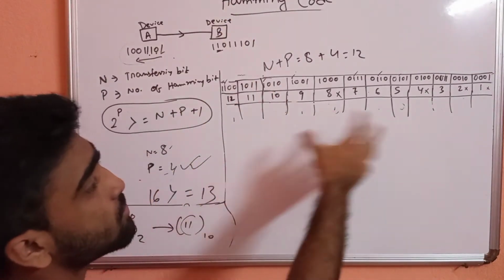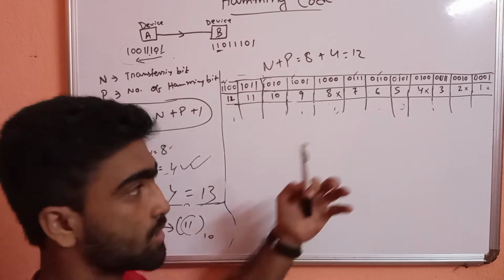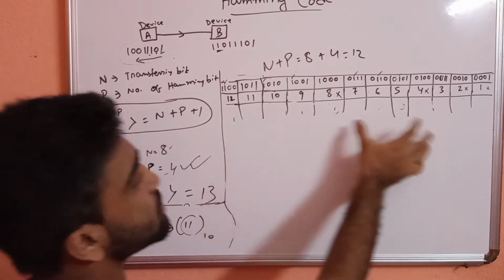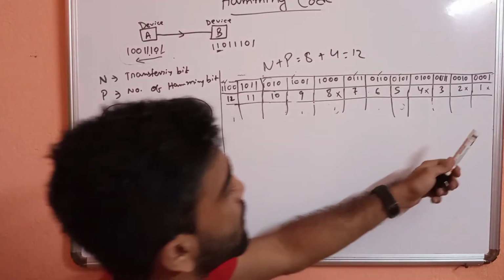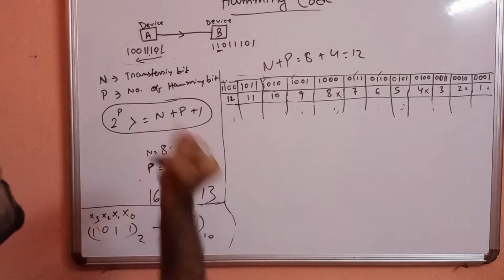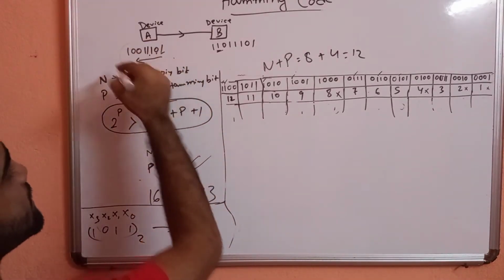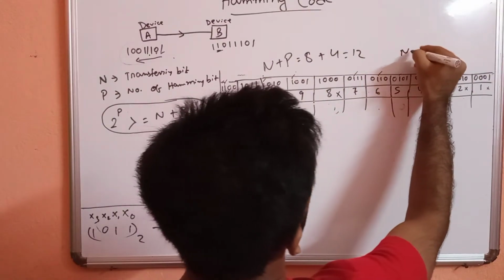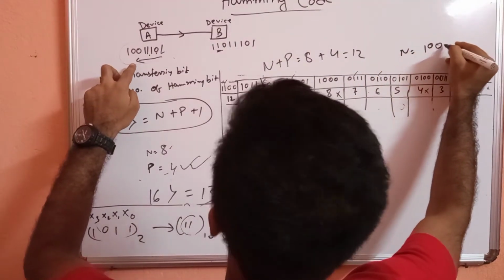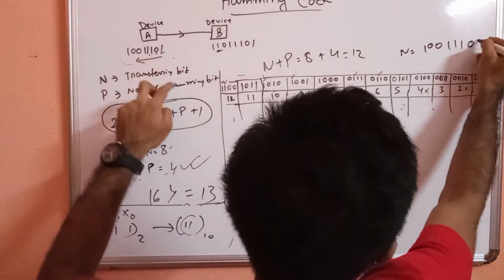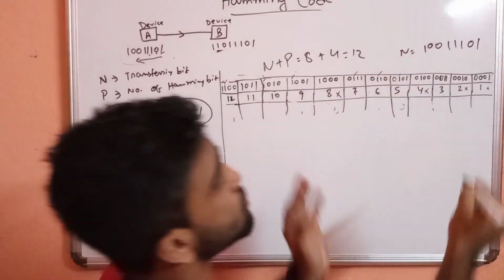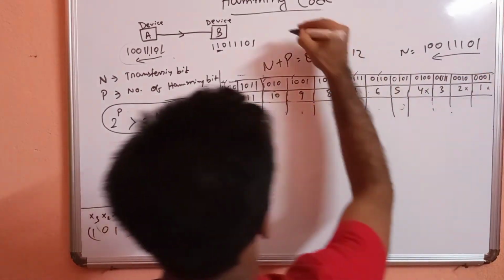First, how to find the Hamming code. Doing this table, copy the code. The data is 1 0 0 1 1 1 0 1. Copy this code from right to left.